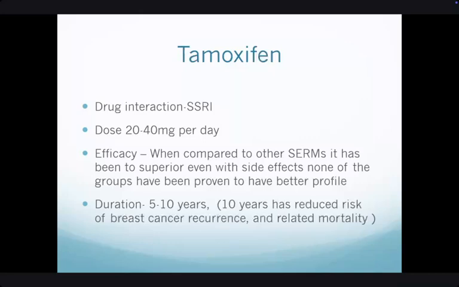When compared to the other SERMs, it has equivalent side effects. None of the groups have been proven to have a better profile. Duration is 5 to 10 years, and 10 years has reduced risk of breast cancer recurrence and related mortality. So the longer you use it, the better.